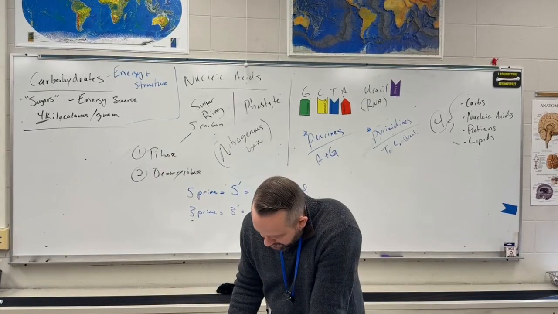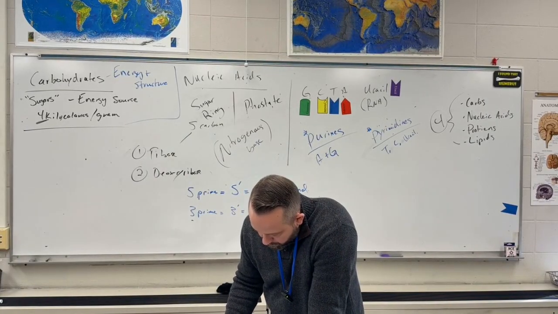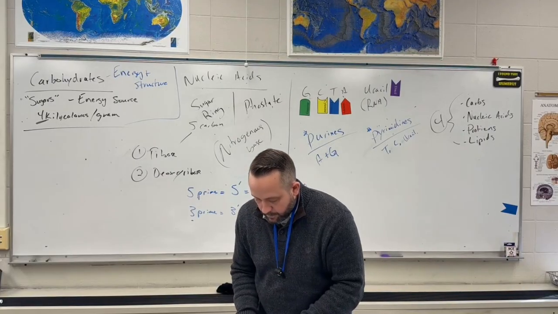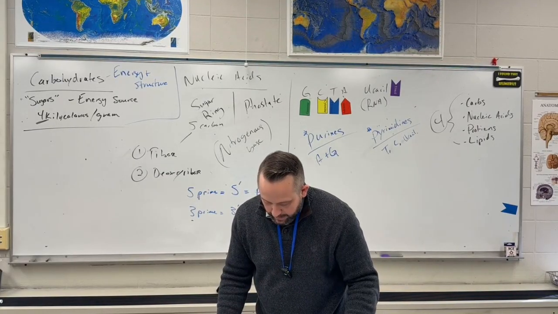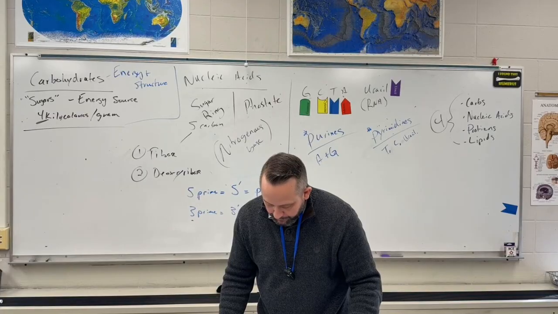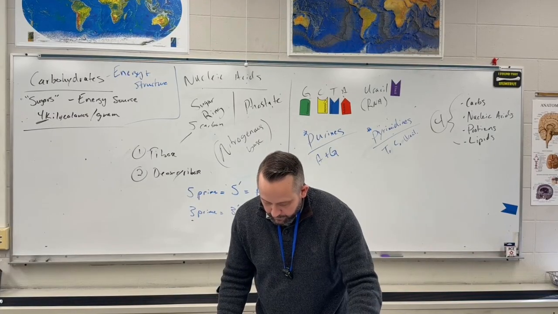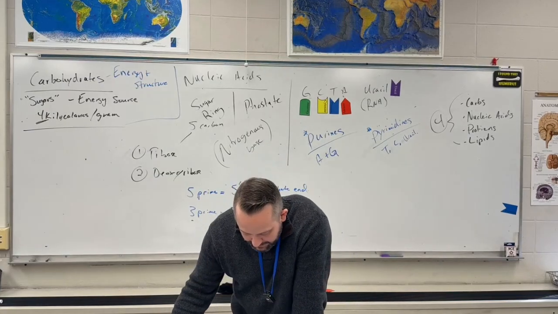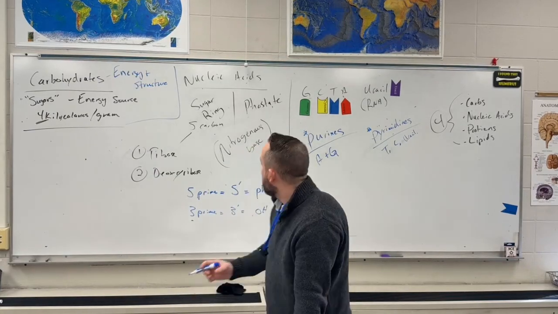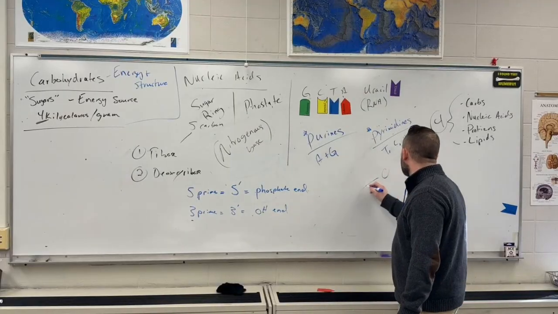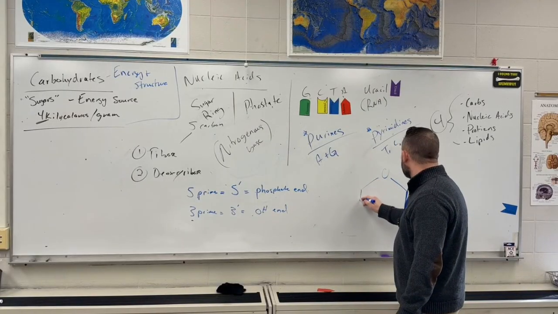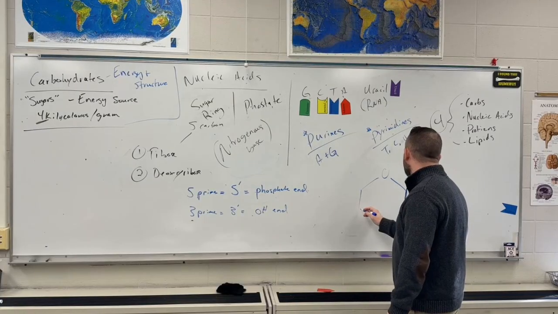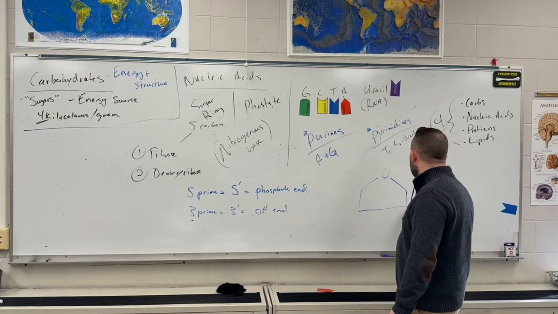There's a great picture of this. Slide 25 kind of shows you where the phosphate is, and those carbons in the ring are numbered. You'll see an O. I think it's 1, 2, 3, 4.